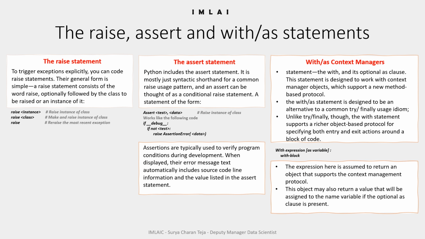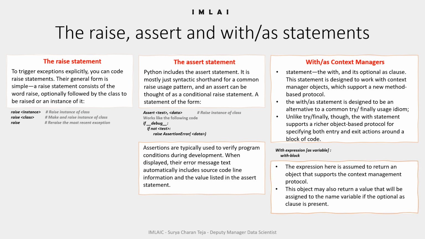Note that the variable is not necessarily assigned the result of the expression. The result of the expression is the object that supports the context protocol, and the variable may be assigned something else intended to be used inside the statement.